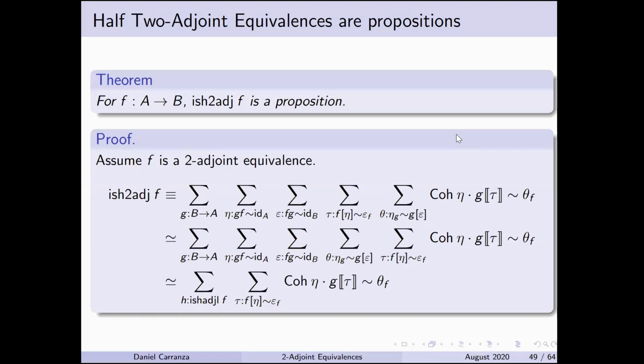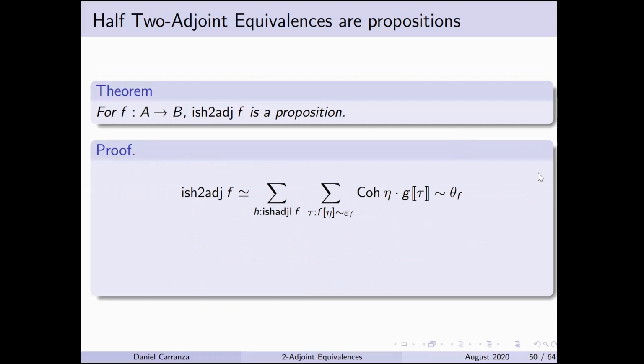What matters is that we can simplify this type down. I'm going to call these h; this should say h eta, by the way, small typo, but let's not worry about it. I'm going to contract g, eta, epsilon, and theta to hg, h eta, h epsilon, and h theta.